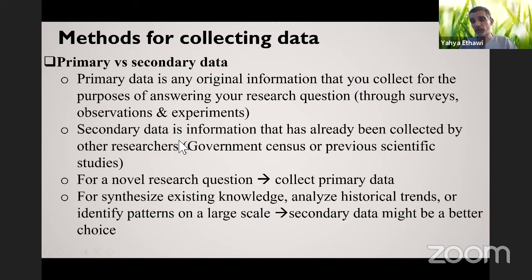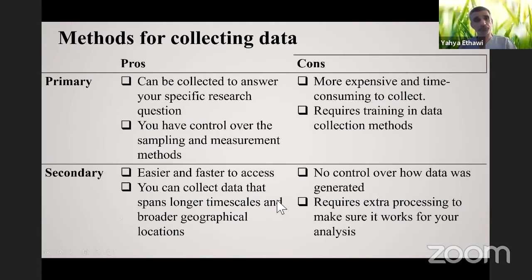While secondary data is already there, you can go and collect it. So if it's a novel idea, you need to do primary data collection. If you want to talk about existing knowledge, analyze a trend or identify a pattern, then use secondary data. And here are the pros and cons of collecting primary versus secondary data. Secondary is easier and faster.